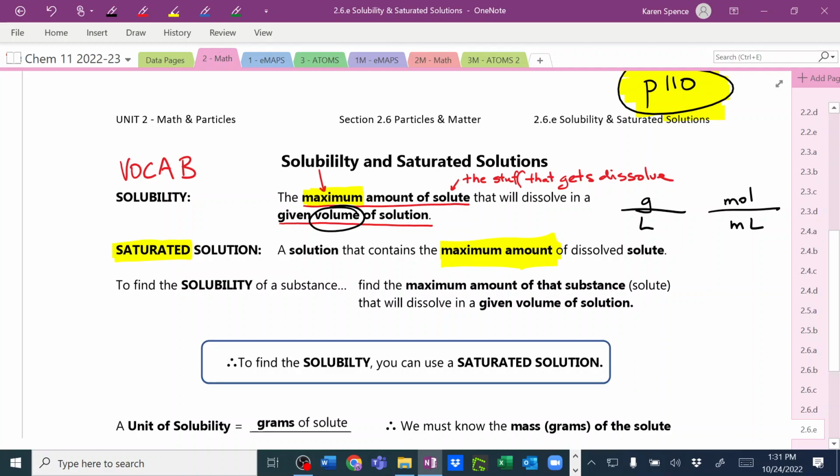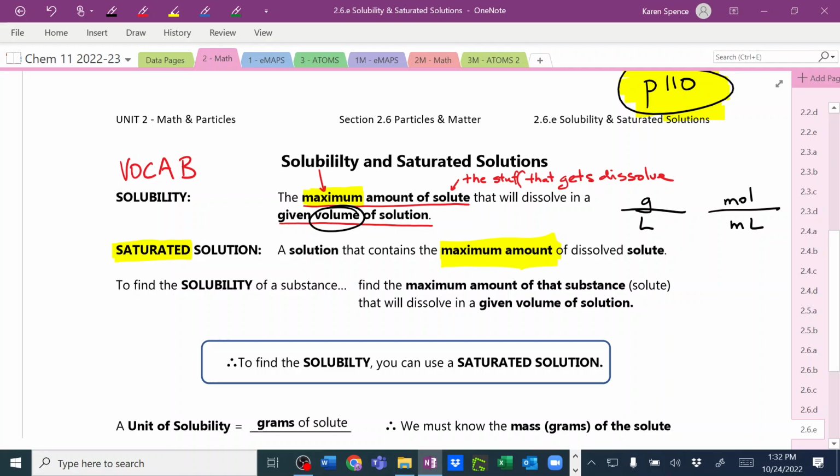You got a dish of salt. You got your water. What are you doing with the salt? You're putting the salt in the water and you stir it. Oh, it's all gone. What do you do now?